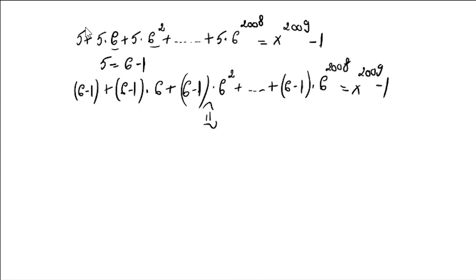here I'm going to get rid of parentheses by multiplying each term from the parentheses with the term before the parentheses.